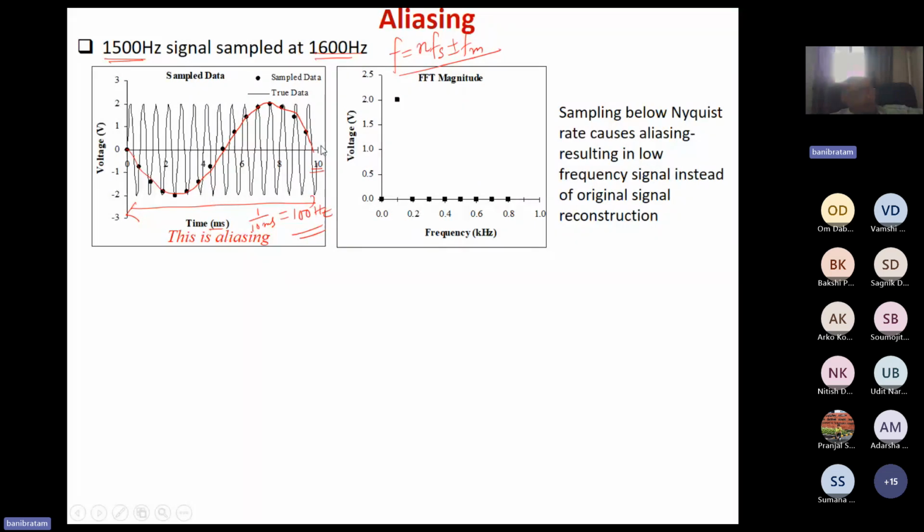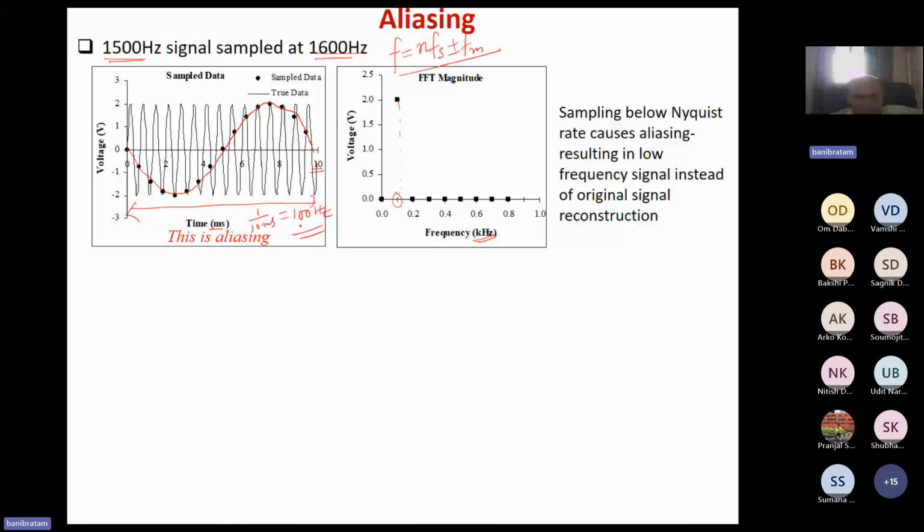But mathematically, there can be not only 100, rather repetitions with respect to nfs, so we get multiple repeated frequency components in the sampled signal. Now, FFT means fast Fourier transform. It tells you the frequency components present in the signal. If I analyze the FFT of this particular signal, I get a peak at 0.1 kilohertz, that means 100 hertz.